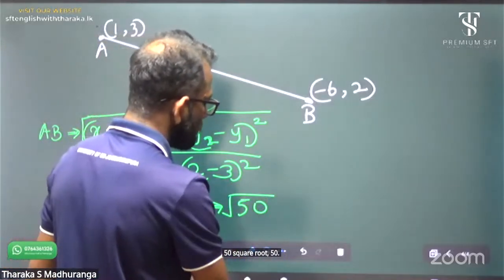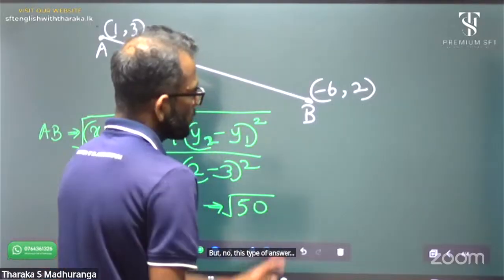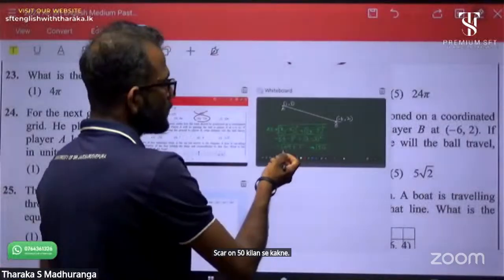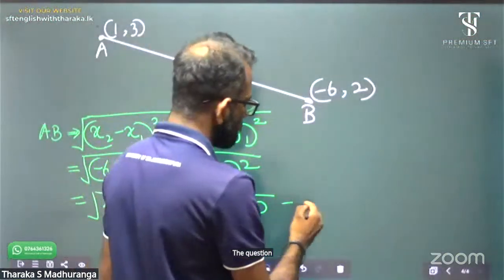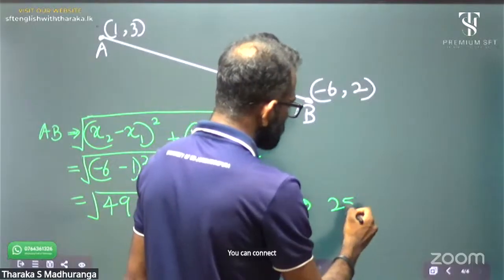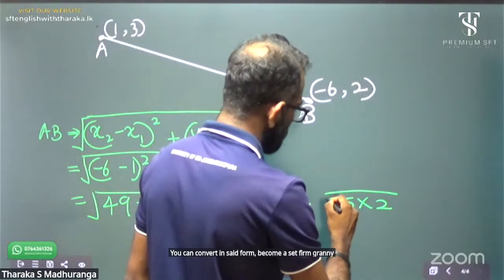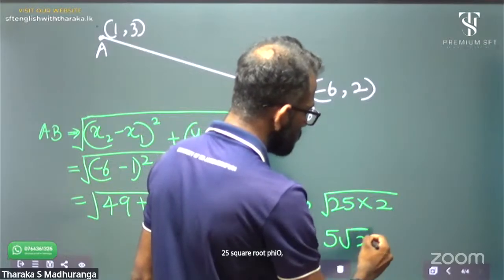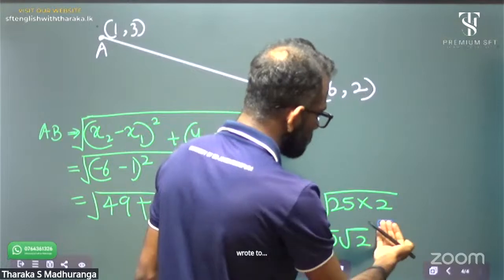But not this type of answer. Square root 50 is not an answer. The question asks in surd form. You can convert it into surd form. 25 into 2. The square root of 25 is 5, so 5 root 2 meters. Not meters, units.